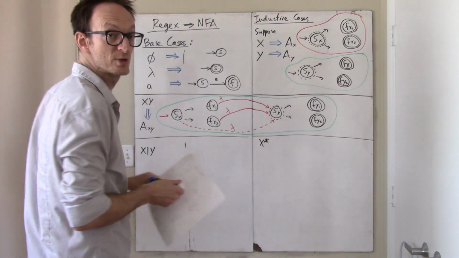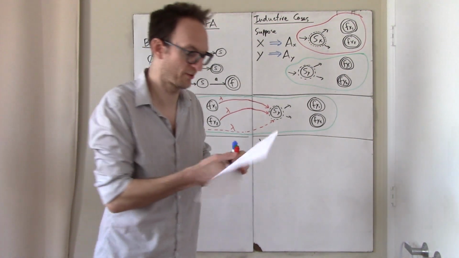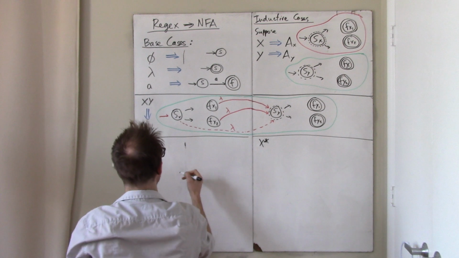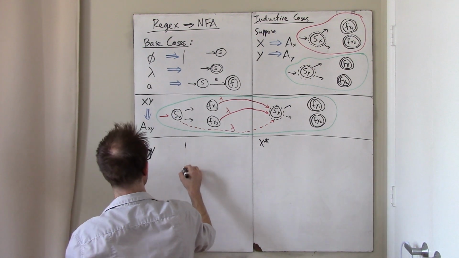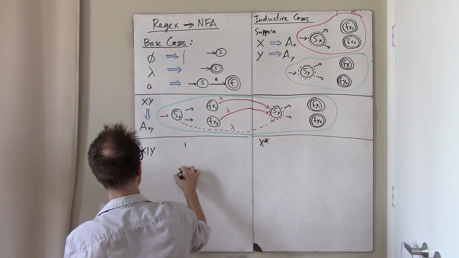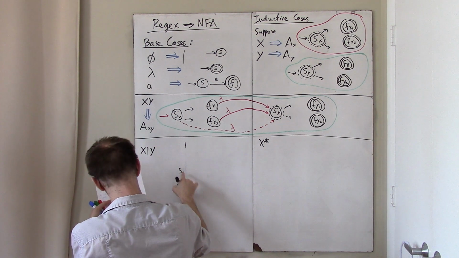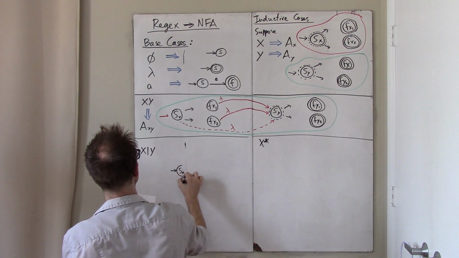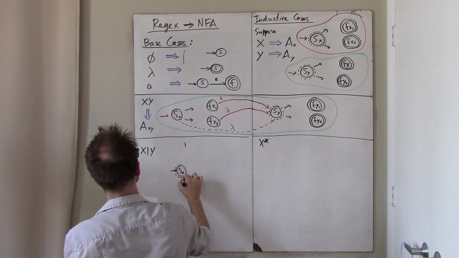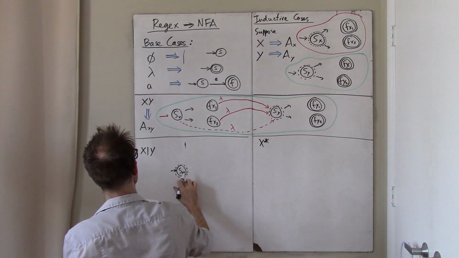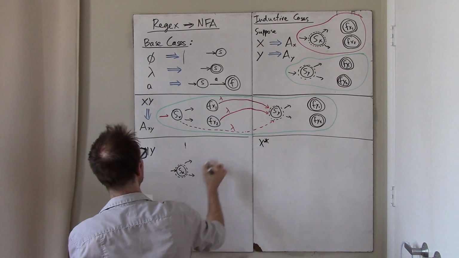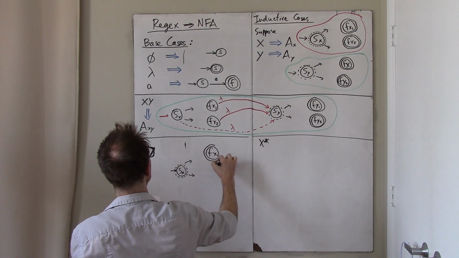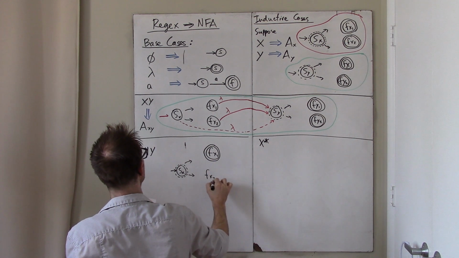And that is, you just do both, right? You just lambda transition your way to both. So once again, suppose I had machine x, and this was the start state, and maybe it was an accept state.